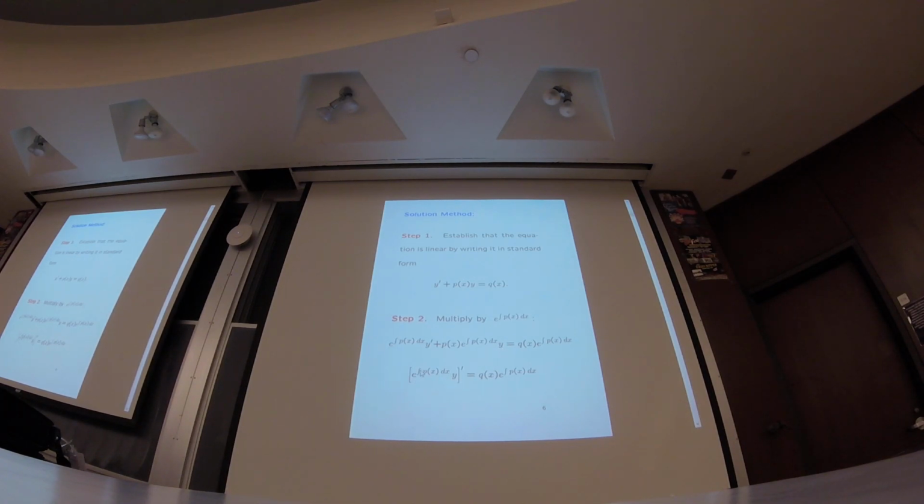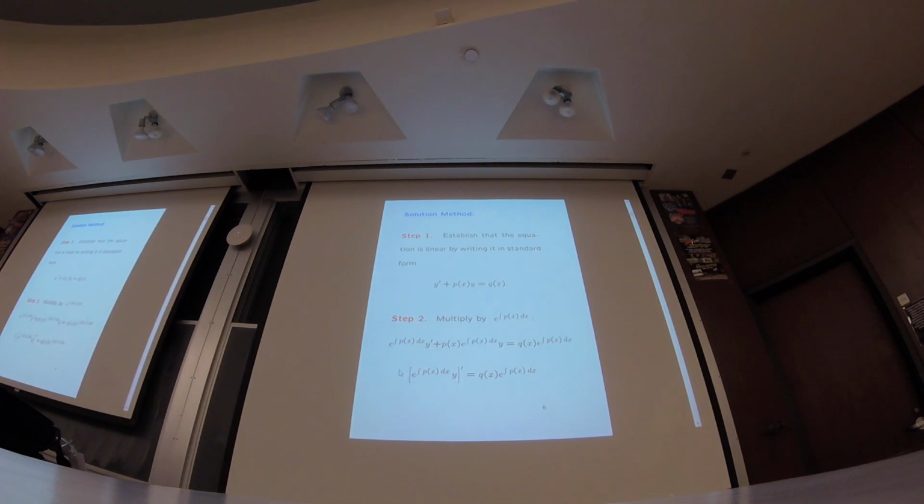The derivative of e to the integral p is e to the integral p times the derivative of the integral of p, which is just p. That's the fundamental theorem of calculus. The derivative of the integral of p is just p.